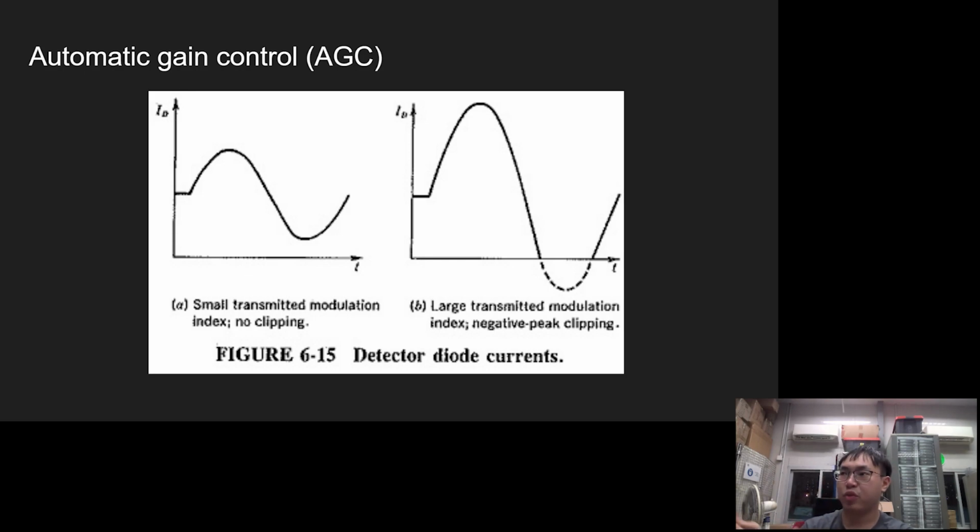This is the problem if we don't have the HEC. On the left hand side, if we apply the HEC, the signal is controlled. If we have a very large signal and we don't have the HEC on, then we'll have the problem of overmodulation, and there are some waves that we cannot receive.